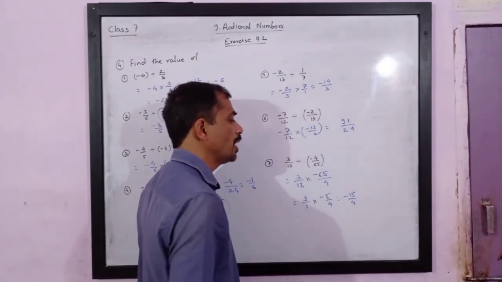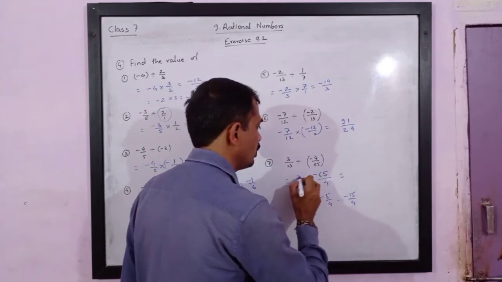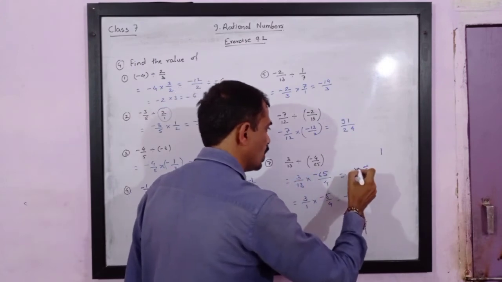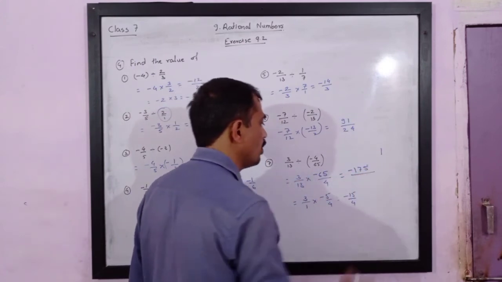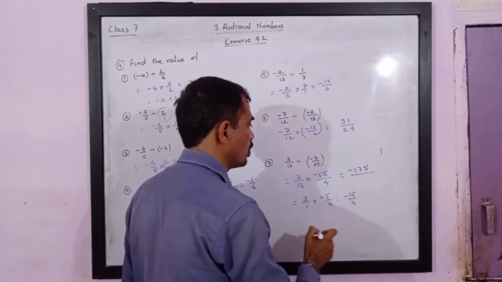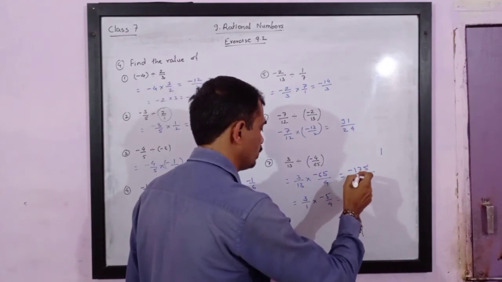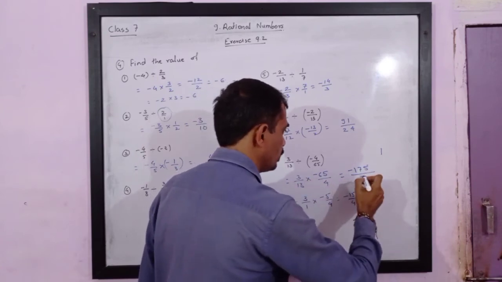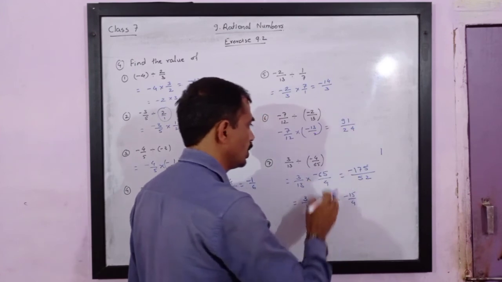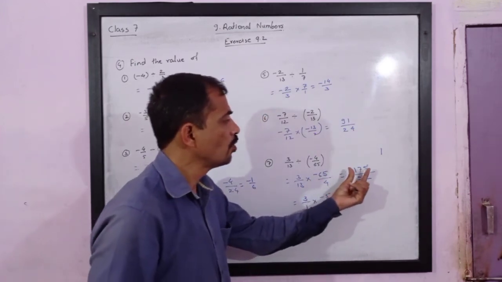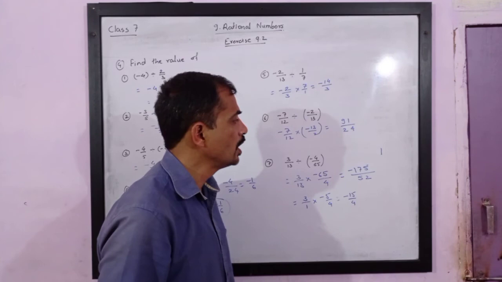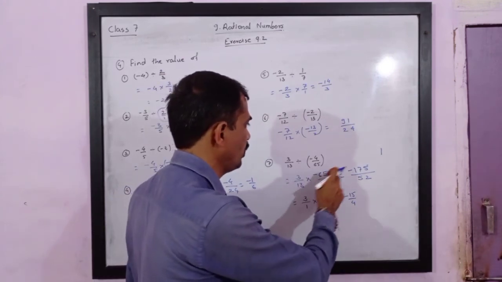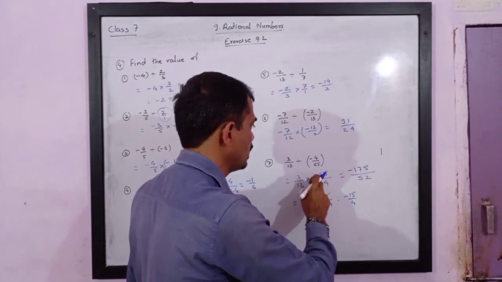Otherwise, you can do the multiplication of this. You will get 5 threes are 15, 1 carries, 3 sixes are 18 plus 1 is 19.